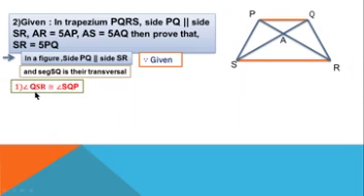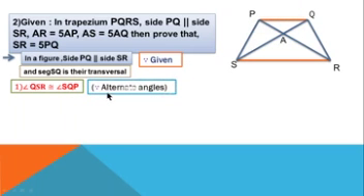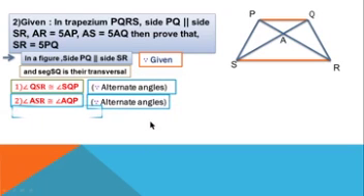First, angle QSR is congruent to angle SQP because of alternate angles. Second, angle ASR is congruent to angle AQP, alternate angles.